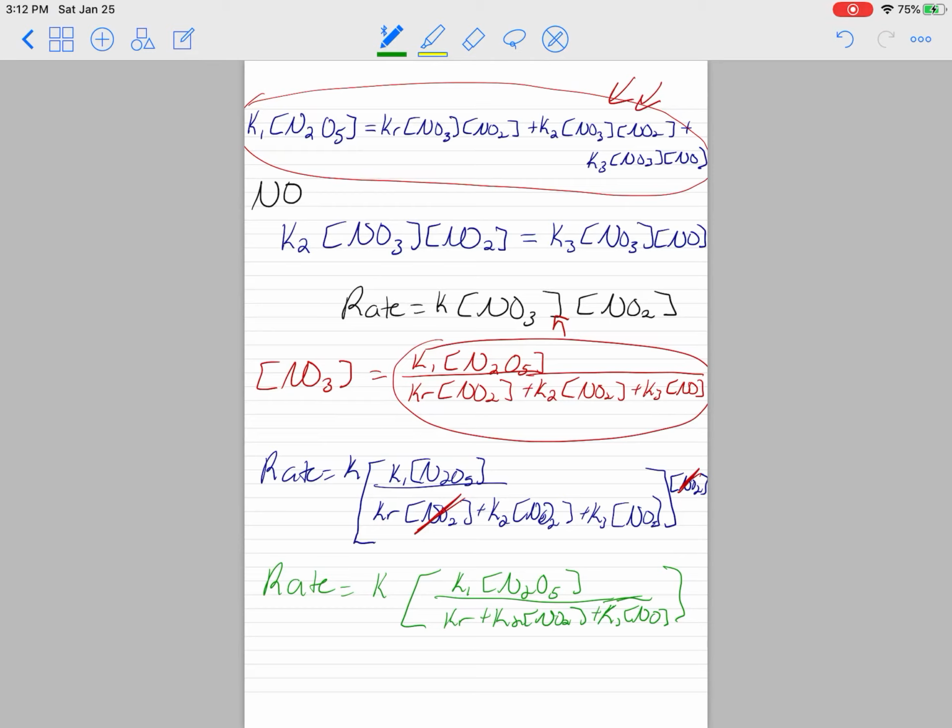Then we canceled out and combined like terms, and we're left with the rate law for the overall reaction should be rate is equal to k times k1 over k-1 times the concentration of N2O5 over k-1 plus k2 times the concentration of NO2 plus k3 times the concentration of NO. Well, we again know that that cannot be the correct rate law. Why? Because it has the product in it still. NO2 still cannot be a part of this rate law, and NO is just another intermediate that we have put into here that we cannot have.